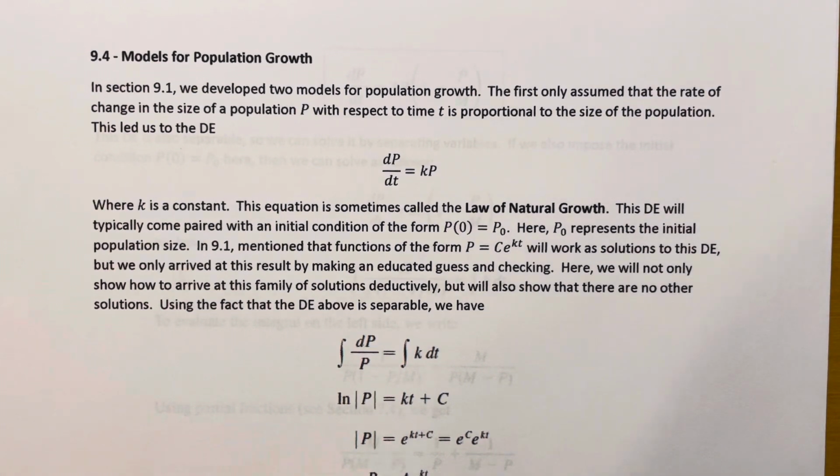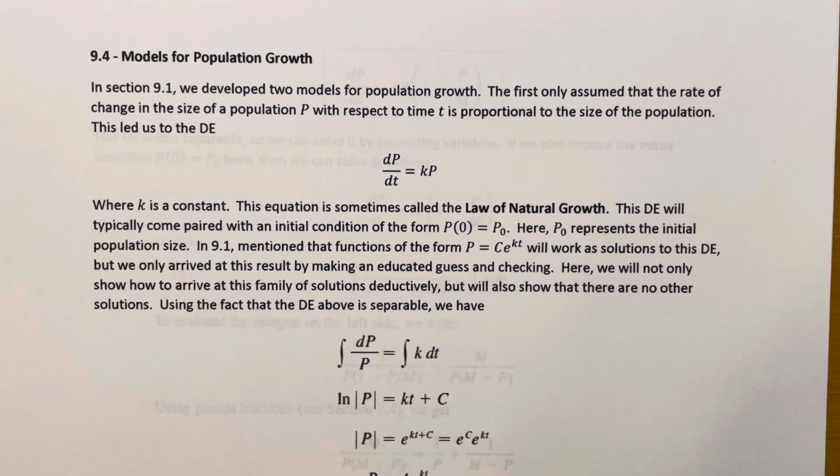Now, it turns out that despite this name, it's actually not as natural as it initially seems, because in nature, population growth is affected by more than just the population size. There are things that can stunt or slow the growth of a population, such as members of the population dying over time, and consumption of resources in your environment.